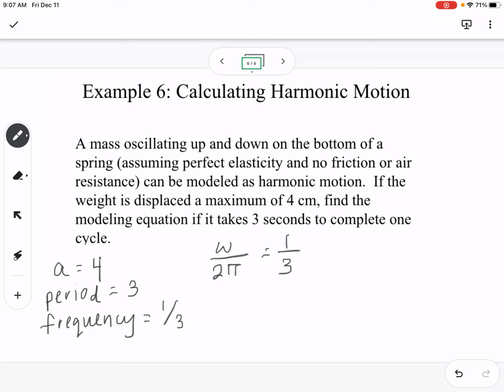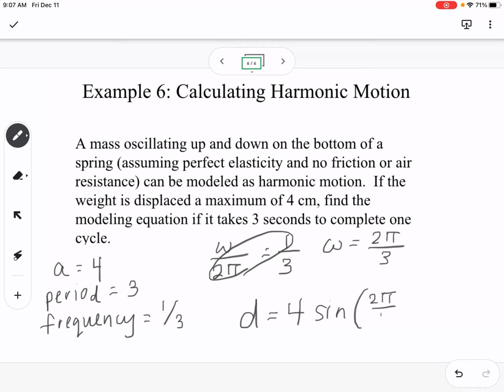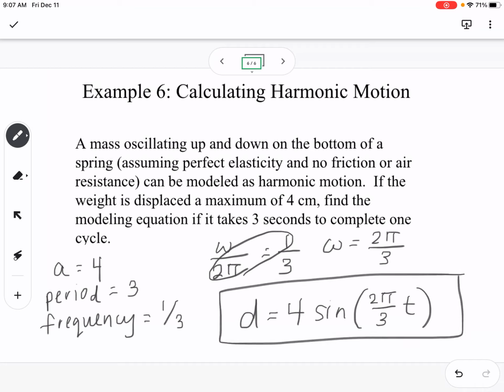If we cross multiply and divide, omega would be equal to 2 pi divided by 3. So we can write the equation as d equals 4 sine of 2 pi over 3 t. That equation would describe the motion of the oscillating mass on the spring.